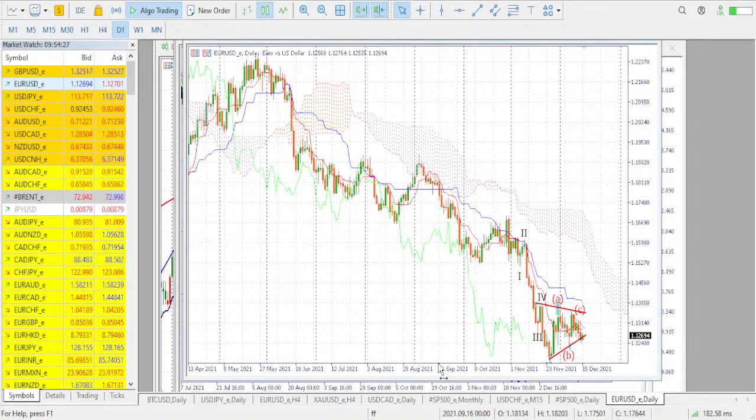So as it is now, the price is headed for a sell. We are seeing the chances that the price may continue to the lower side.